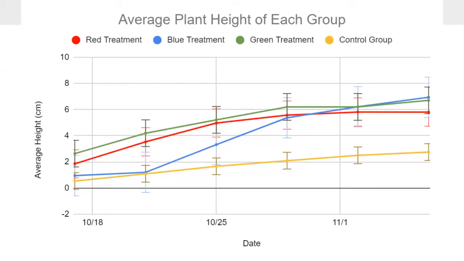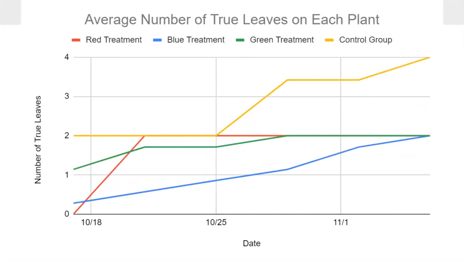For the results, we can see that all of the treatment plants were a lot taller than the control group. So you would think that because they're taller, the treatment groups are probably healthier, right, and growing faster. But if we look at the number of true leaves on each plant, the control group is a lot higher than the treatment groups.